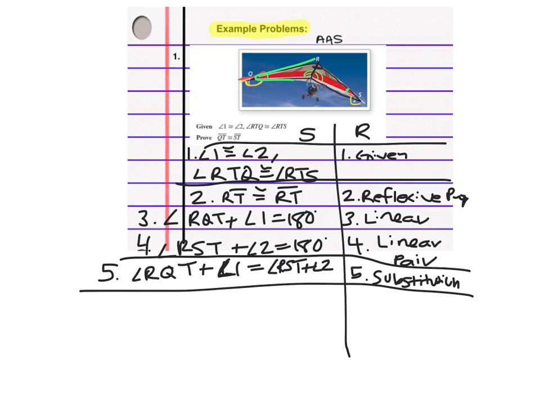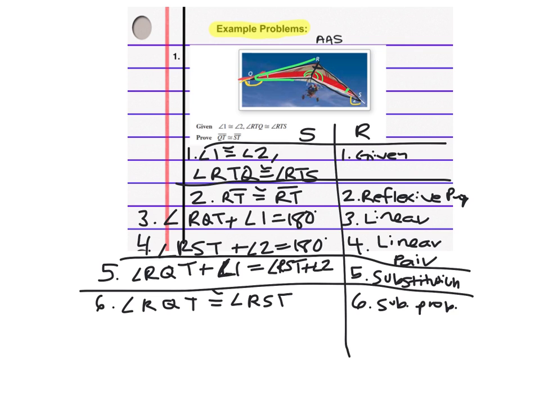So therefore, if I subtract out the two congruent angles, I can say angle RQT is congruent to angle RST if I subtract angle 1 and angle 2, so that's subtraction property of equality.